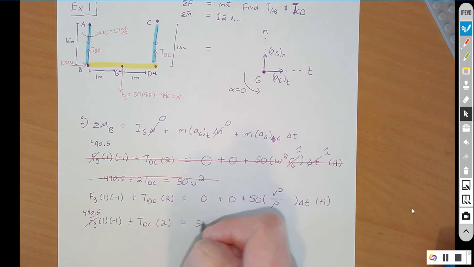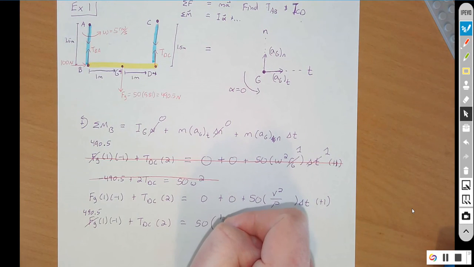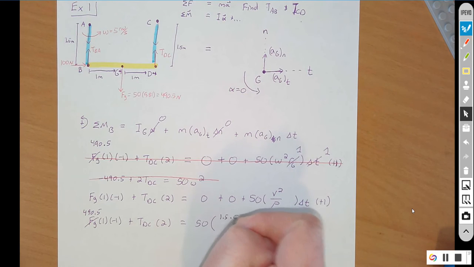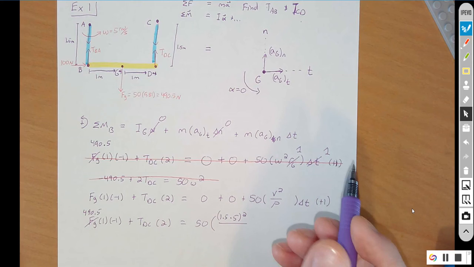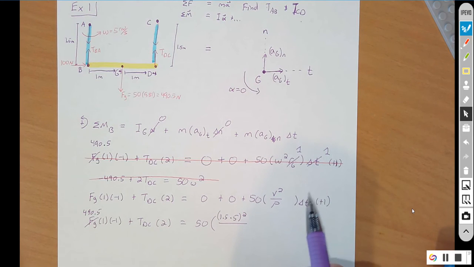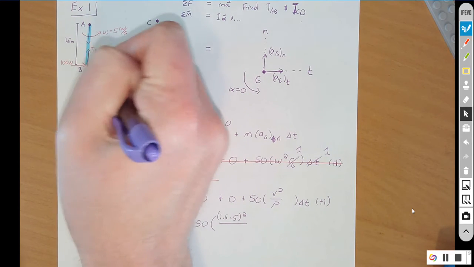So 50. So our velocity we can write as 1.5 times 5, and we're going to square that quantity. And then the radius, so rho, again, is for finding all of this. So it's also this 1.5.